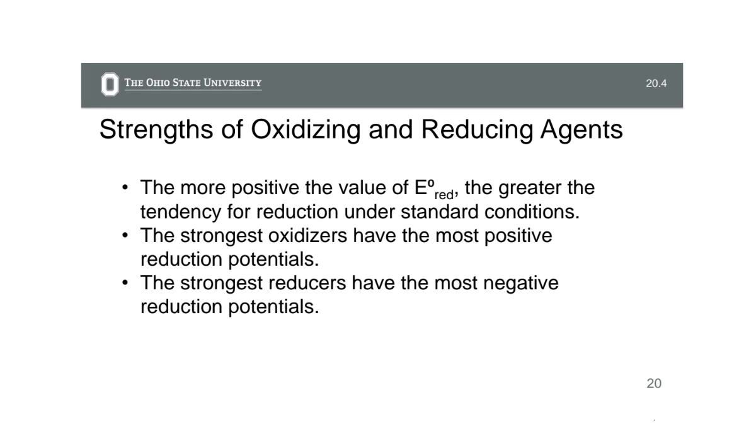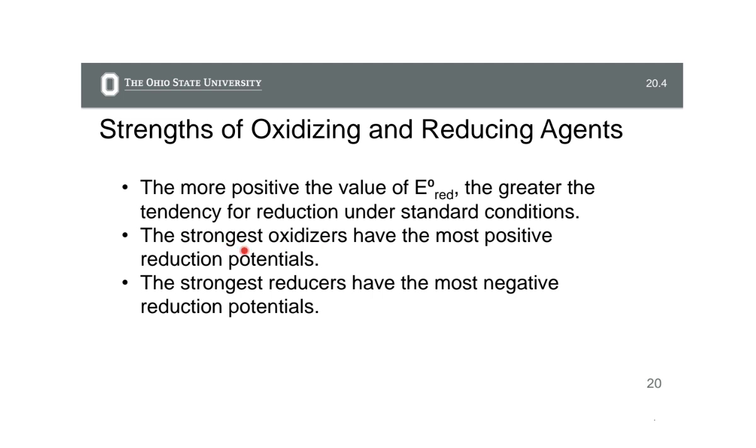Okay, so I mentioned you don't need to memorize reduction potentials for various half reactions, but you do need to know the trends, and you need to know how to interpret a table of reduction potentials. So, for instance, the more positive the value of the reduction potential, the better it is at reducing. Okay, the greater the tendency for reduction under standard conditions.